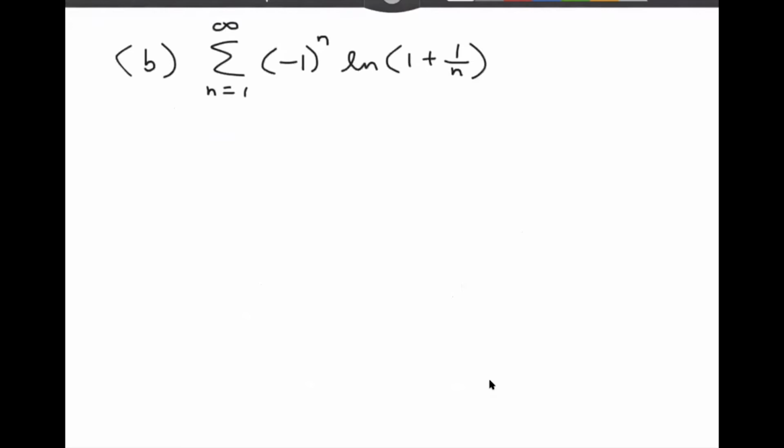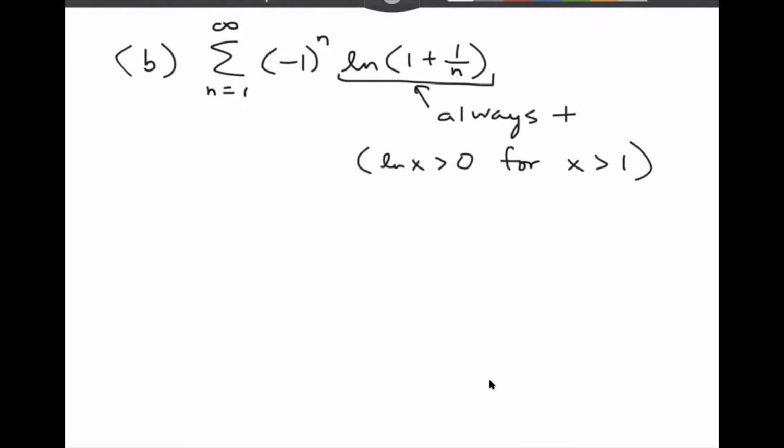All right, next we have the sum n going from 1 to infinity of (-1)^n times natural log of 1 plus 1 over n. Okay, so the first question is, is this thing here always the same sign? Well, yes, it is always positive. Natural log of x is positive for x greater than 1.